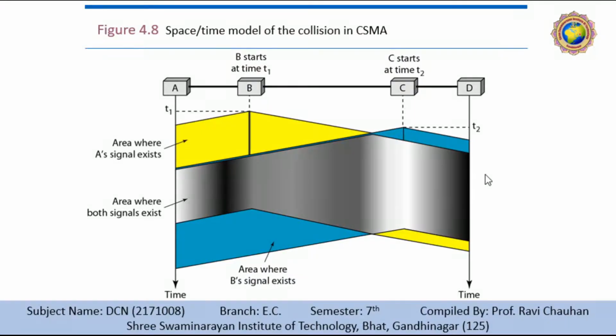When a station sends a frame, it still takes a very short time for the first bit to reach every other station. In other words, a station may sense the medium and find it idle only because the first bit sent by another station has not yet been received.